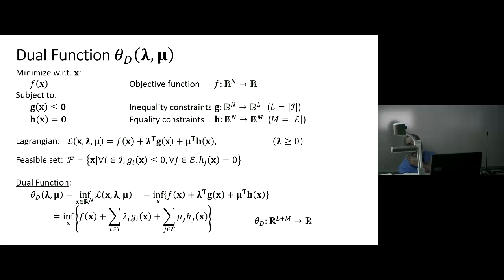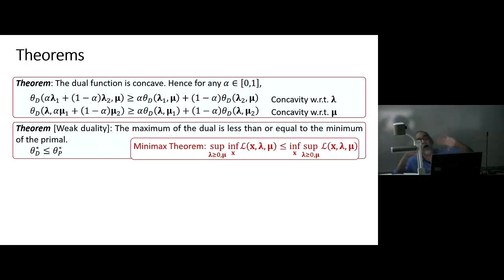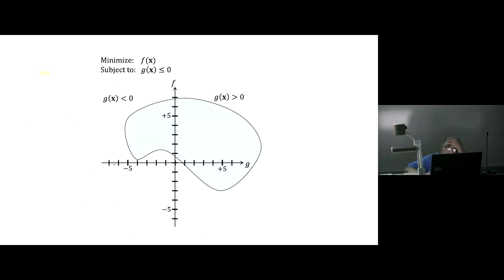We are just considering all values of x in order to do this minimization of the Lagrangian. And somehow it turns out to be feasible if strong duality holds and all that. Anyway, back to here.